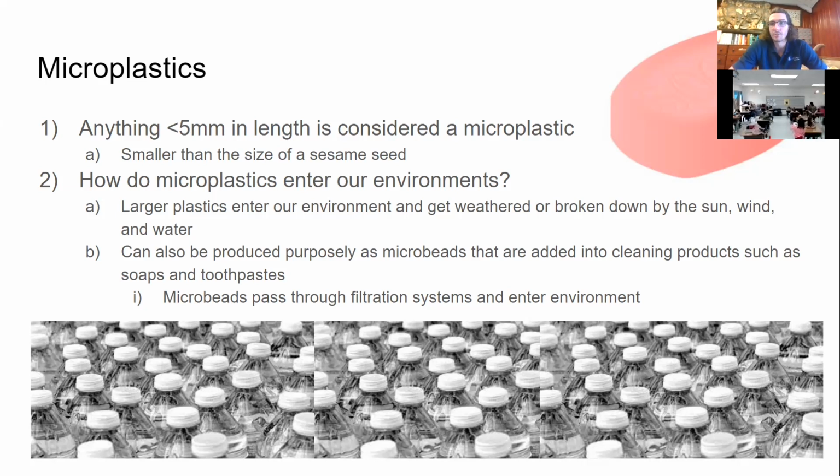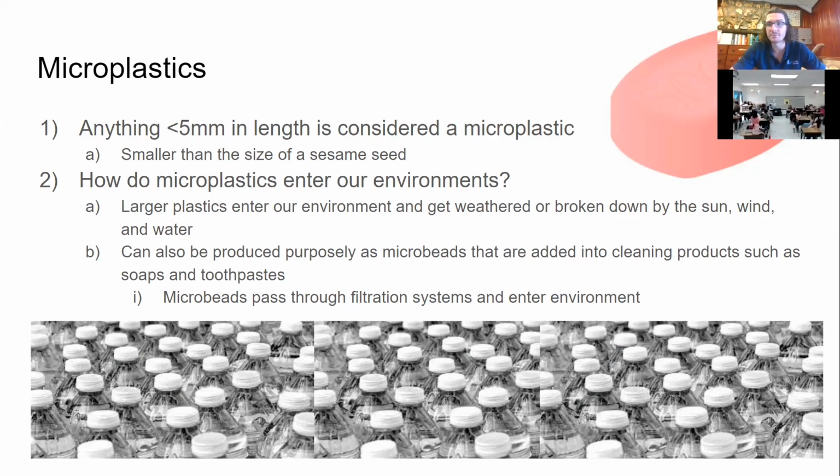And how do these even form? Where do these little tiny pieces of plastic come from? Well, it's from bigger pieces of plastic, like our water bottles, getting broken down over time. Have you guys ever heard of sand getting washed from rocks and washing in the different environments?